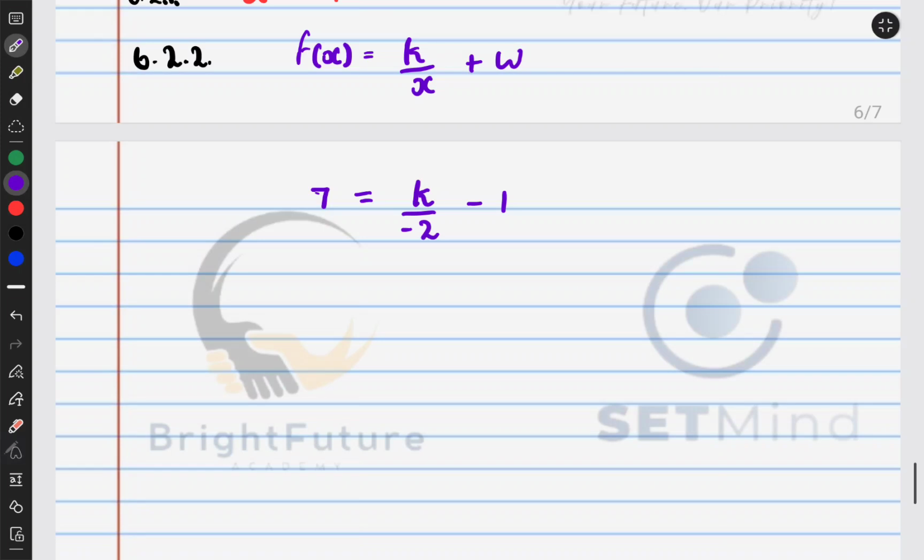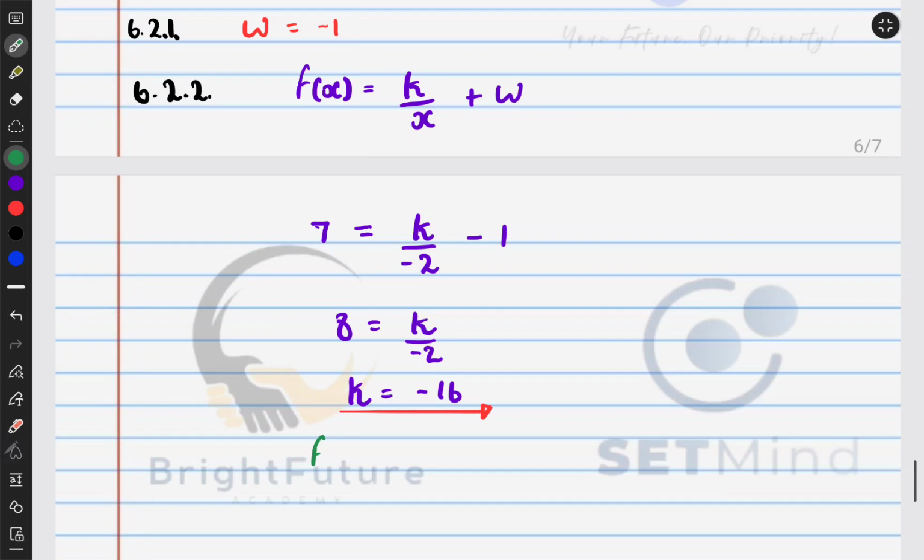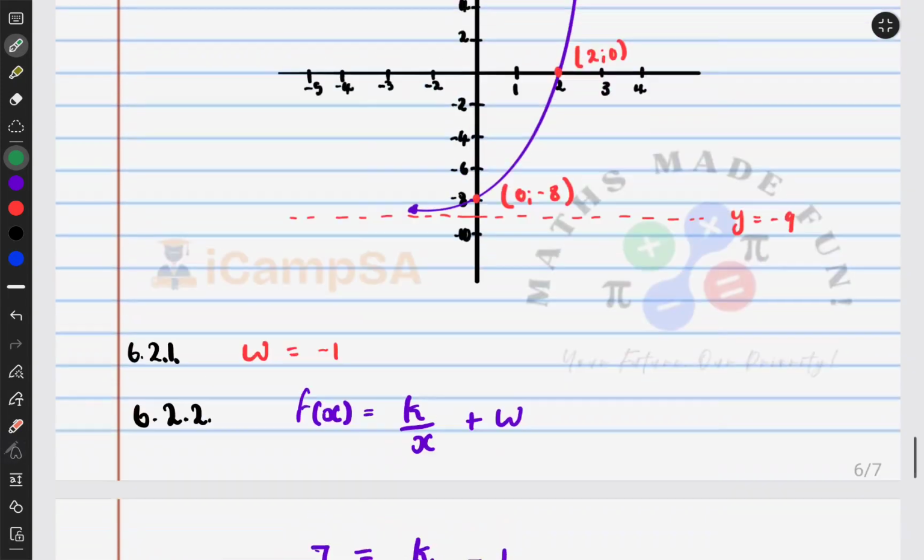So let's solve for k. Moving -1 to the other side, we have 7 + 1, which is 8. 8 = k/(-2), multiplying by -2 on both sides. Therefore, k is equal to -16. This makes the equation of f to be f(x) = -16/x - 1.